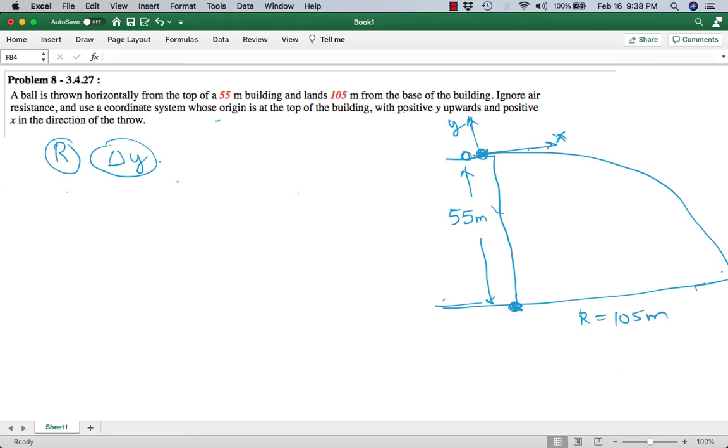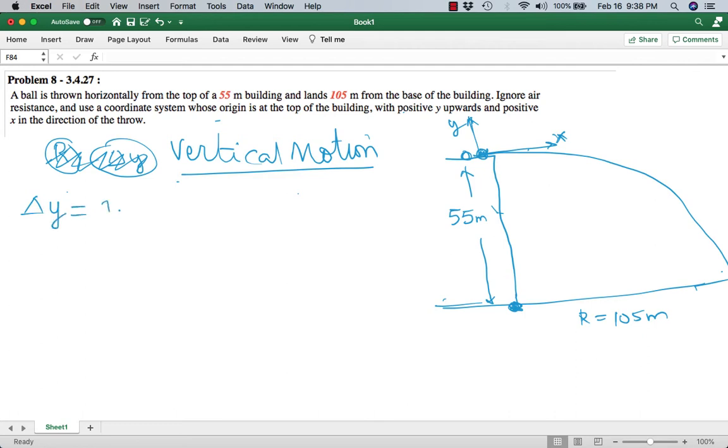So let's consider the vertical motion. Our delta y is final height minus initial height. Final height is, when it is down, negative 55 meters and initial height is 0.